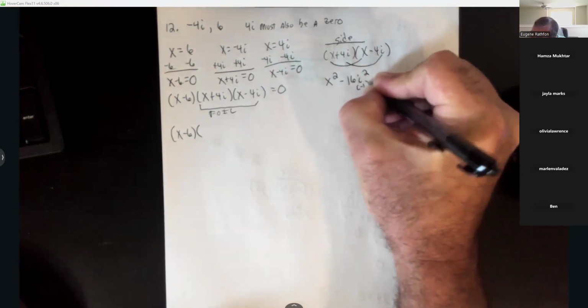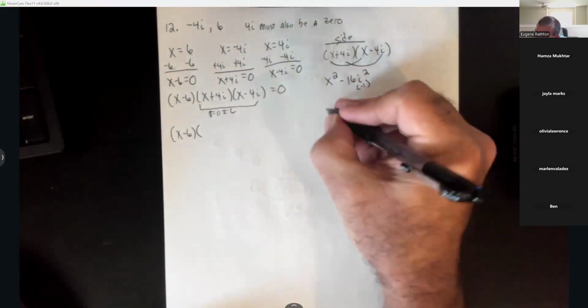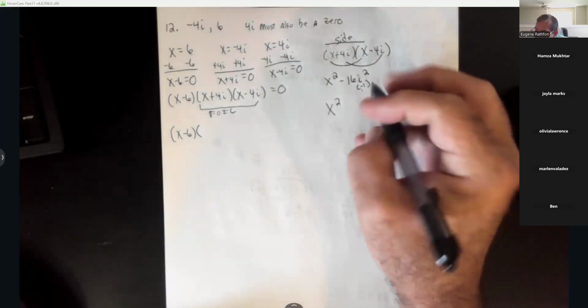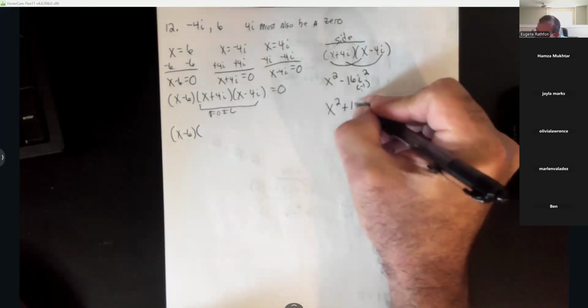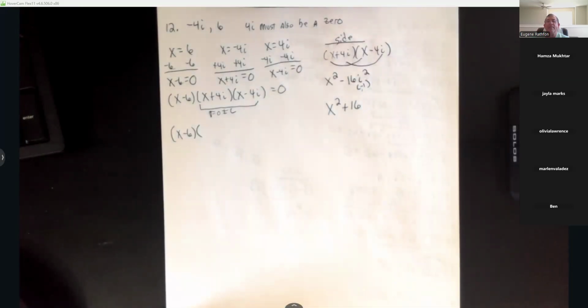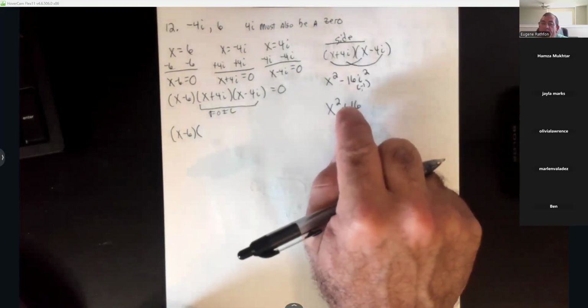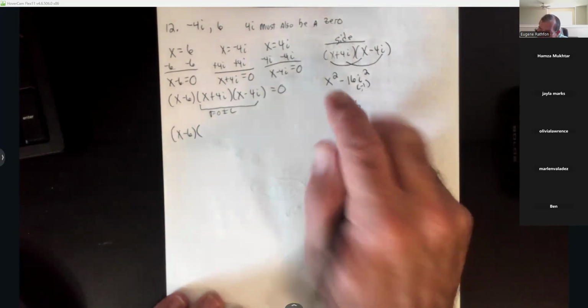So you're technically going to replace i squared with negative 1. Negative 16 times negative 1 is going to make that a positive 16. So the radicals won't go away when you FOIL them, they were negative. The imaginary numbers will always end up positive, okay?